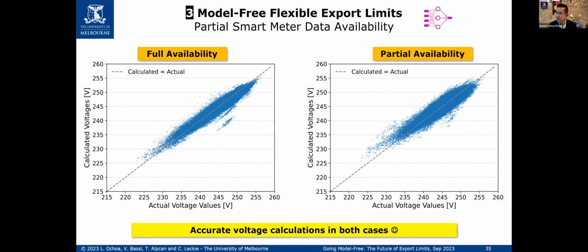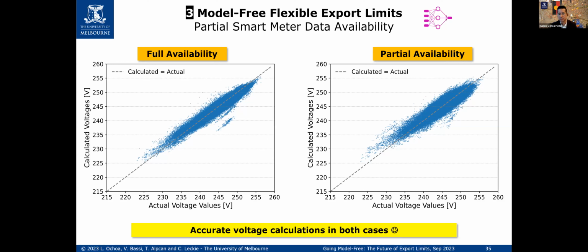Mosen is asking, can you please elaborate more on the ratio of calculated export limits versus customer PV capacity? Do you have any data on the curtailment rate in this case study? No, this is not curtailment, Mosen. This is all about the export limit, not how much people will be curtailed. The curtailment can be an assessment based on what actually happened or what could happen depending on the typical irradiance, etc. So that can be done because we have all the numbers there.